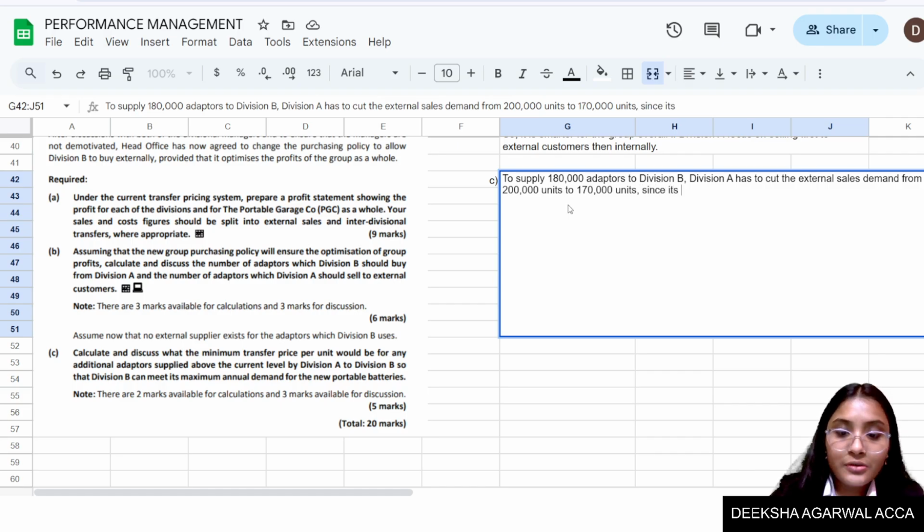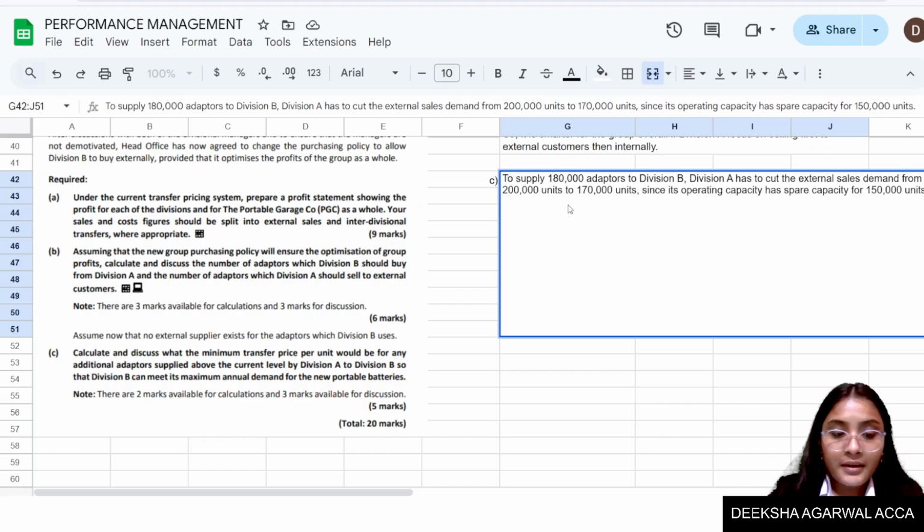Since its operating capacity has spare capacity for 1,50,000 only after the external demand. So only 1,50,000 is the spare capacity. Yes or no? You can write more, but definitely I will not get the marks only for that. So when there is no spare capacity, we know very well the minimum transfer price should cover both marginal cost and opportunity cost.